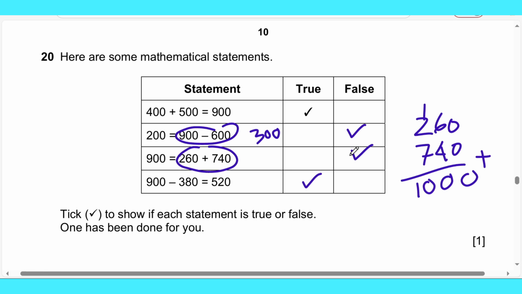That's why this is false. Now this one is true, since if we add 380 plus 520, we'll get back 900. So that is for sure true for the last number. Next, let's move on.